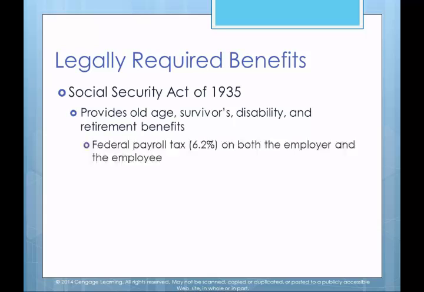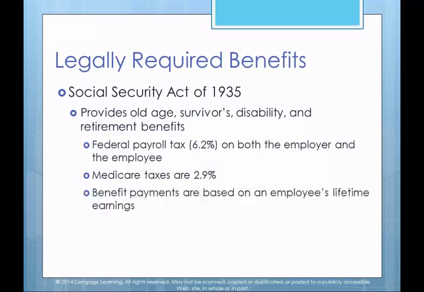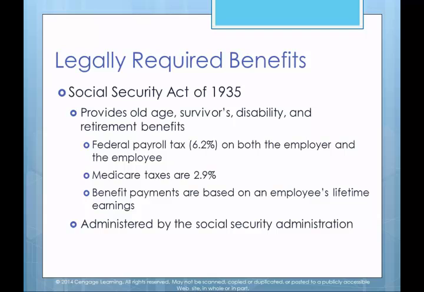Federal payroll tax is 6.2% on both the employer and the employee. Medicare taxes: Medicare is the health insurance program for older Americans, age 65 and above, and that is taxed at 2.9%. Benefit payments are based on an employee's lifetime earnings, and it's administered by the Social Security Administration.